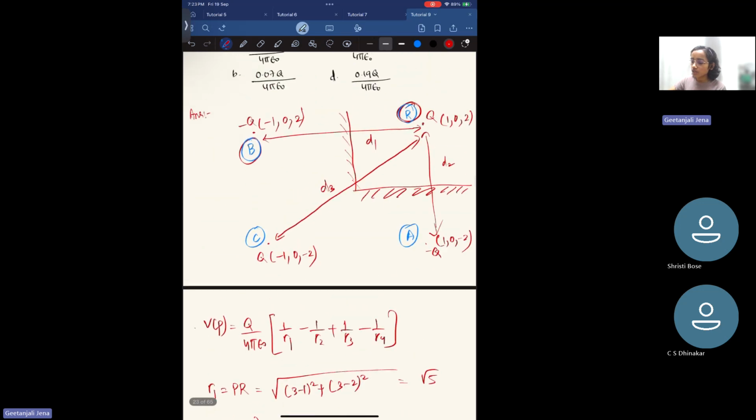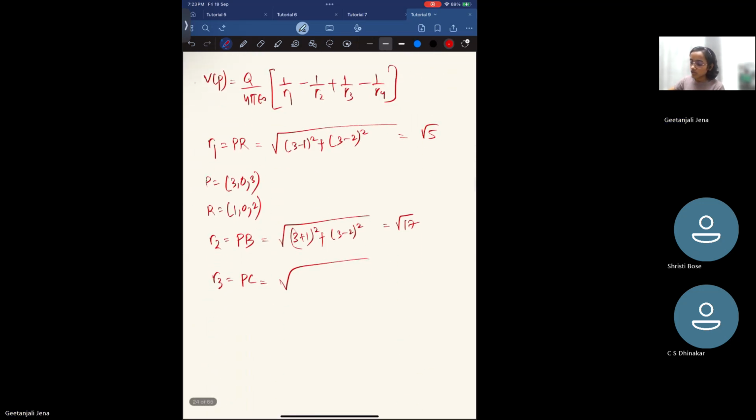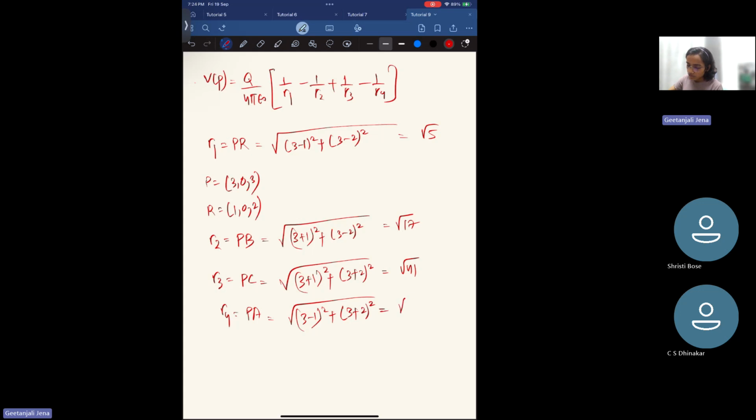C is (minus 1, 0, minus 2), so this is (3 plus 1) square plus (3 plus 2) square, which is root 41. And R4 is PA, which is (3 minus 1) square plus (3 plus 2) square. This will be square root 29.